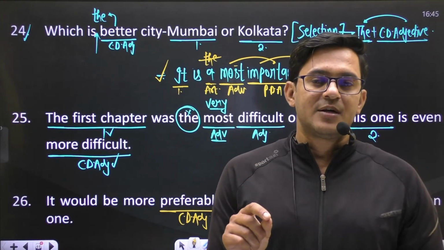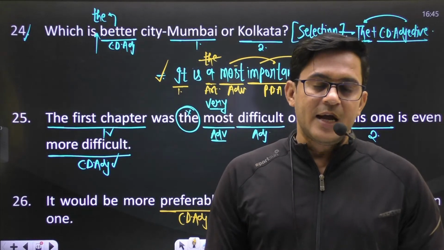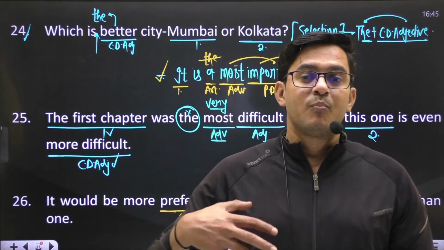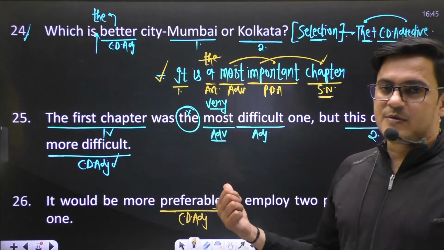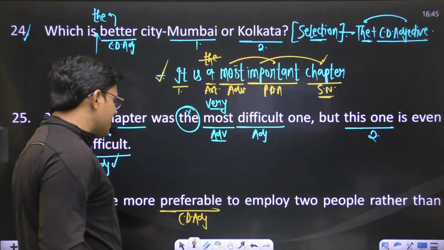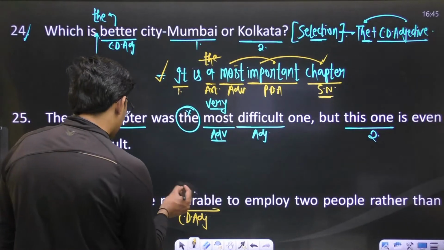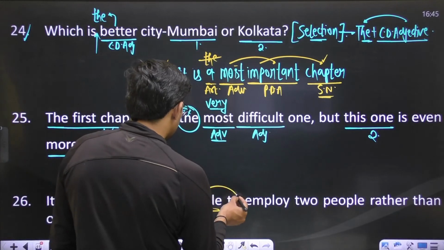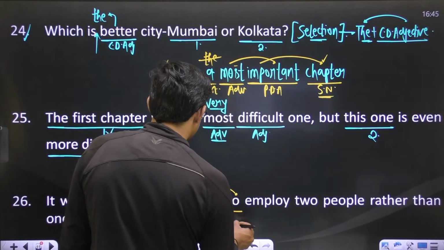These are the adjectives of comparative degree, and make it sure we never use any adjective like more before these adjectives, right? Don't use more before these adjectives. So sentence will be, it will be preferable. Drop this word more, and make it sure also word preferable always demands two.